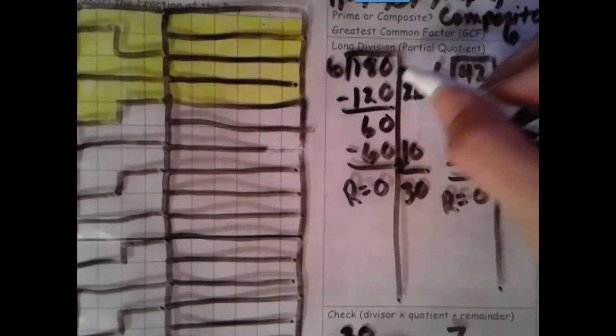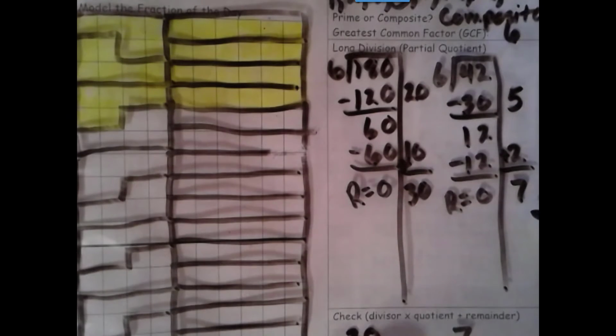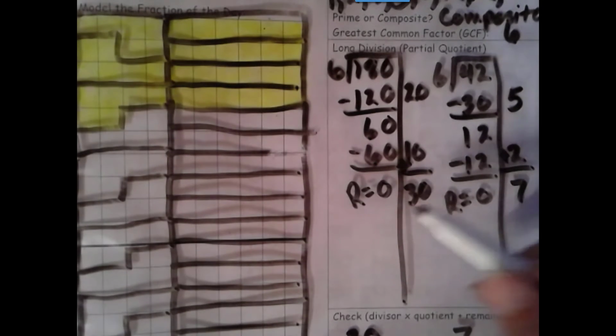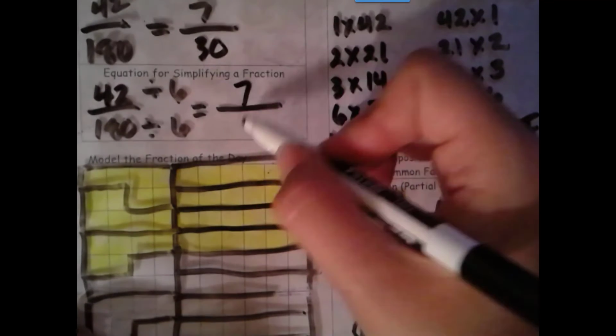So 42 matches our dividend up here, 42, check. 180 matches our dividend of 180, check. So our numerator is definitely 7, and our denominator is definitely 30.